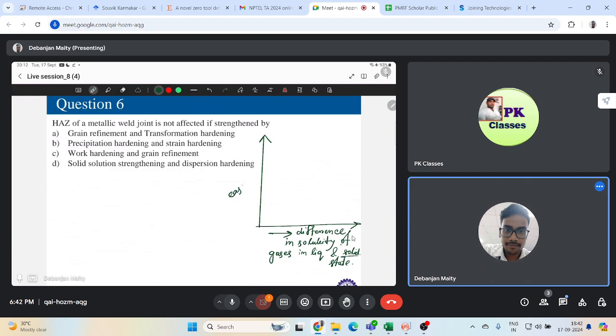And if this is my weldability, it will have some kind of decreasing nature, something like this. So the more the difference in the solubility of gases in liquid and solid state, the weldability will get reduced.